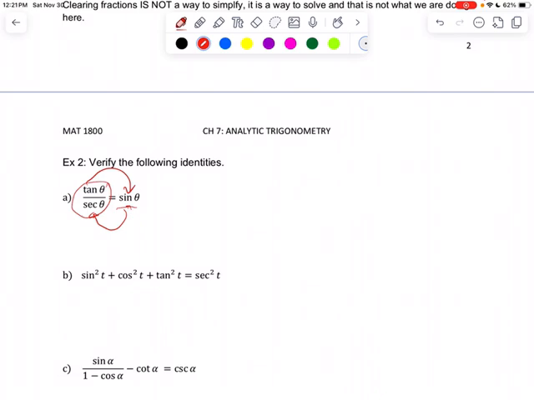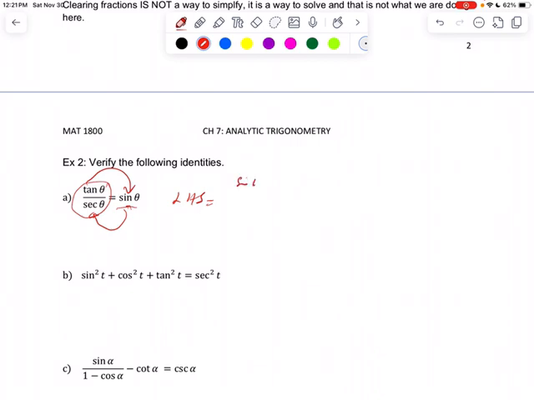But here, on the left hand side you can see we have tangent theta and secant theta. On the right we have sine theta. So this gives us a hint to start with the left hand side and convert the tangent and secant into sine and cosine.